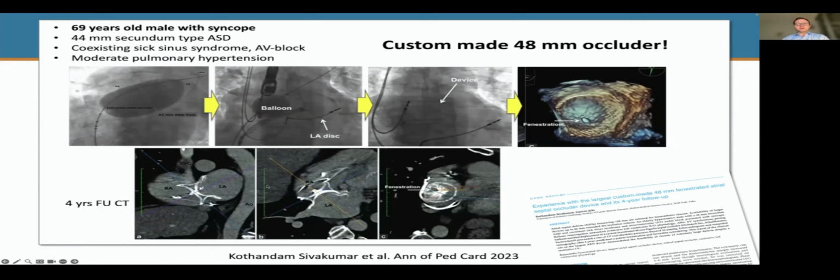And this is a recently published case report from a patient from India who received a very large 48 millimeter occluder to treat his large 44 millimeter type 2 or secundum type ASD. As you can see in the 4-year follow-up on this CT image, the large device sits well without any evidence of migration, leakage, or fracture. So this was a full success. This particular device also has a little fenestration in the middle to allow a little bit of shunting.